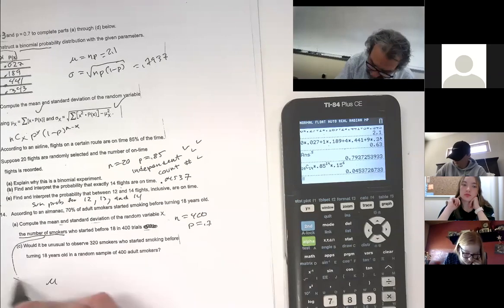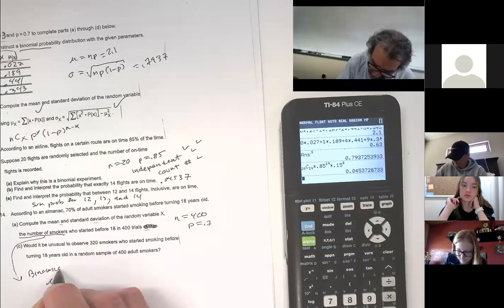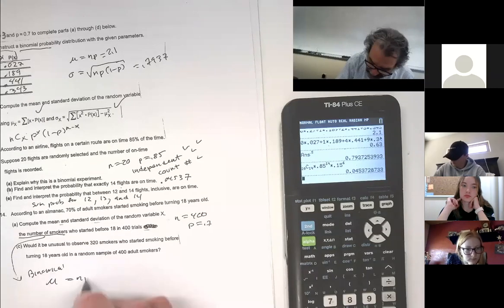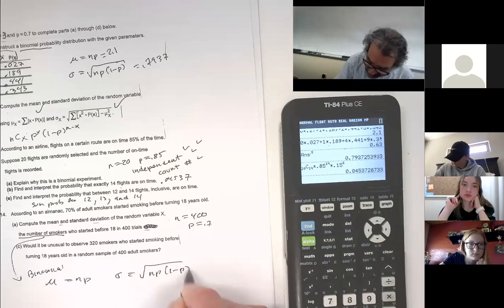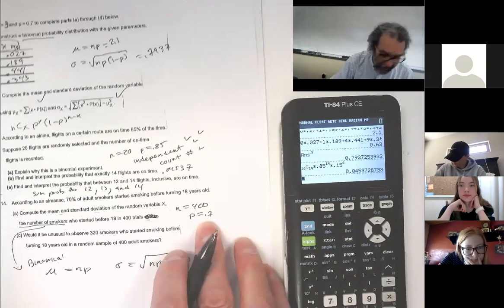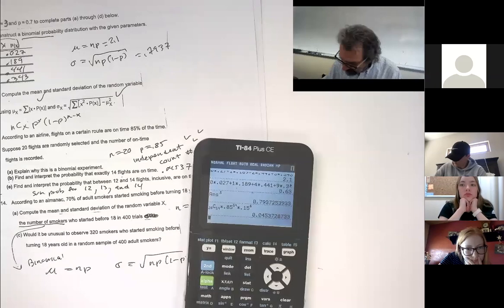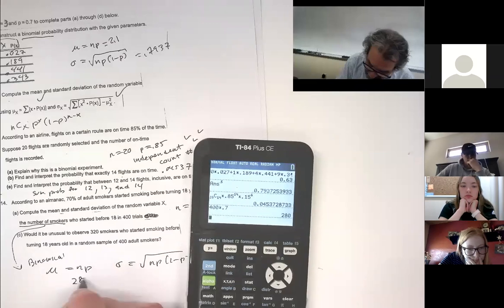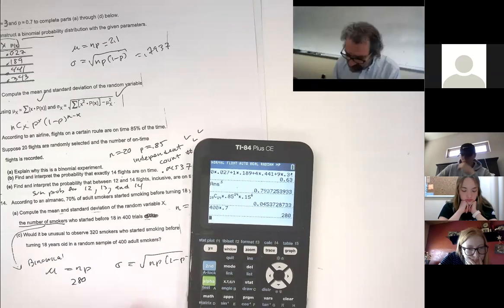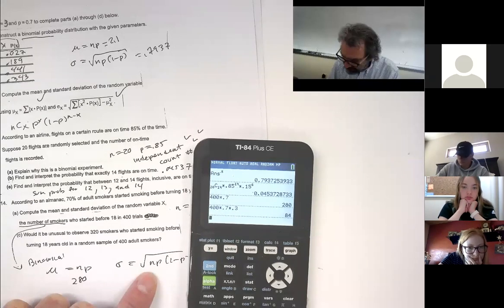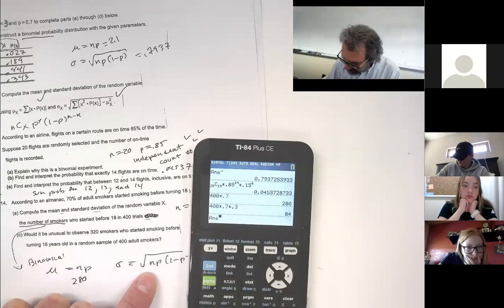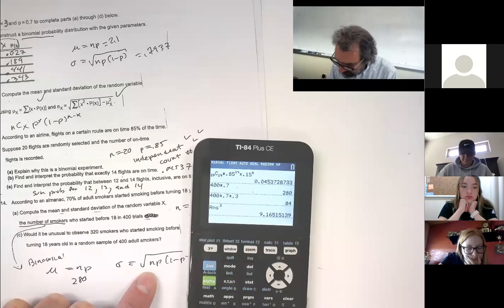Mu is NP, sigma is the square root of NP, 1 minus P. So 400 times 0.7 is 280. And sigma is the square root of 400 times 0.7 times 0.3, which is 9.165.